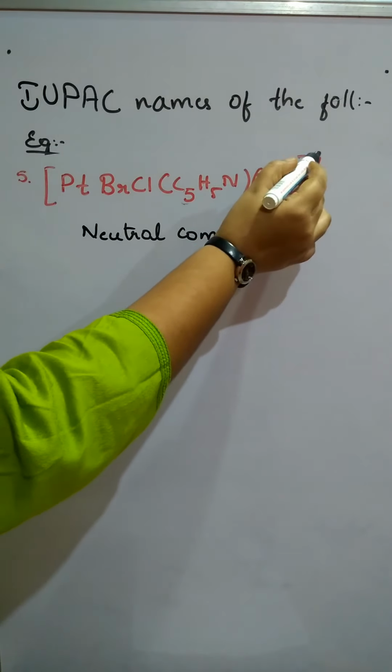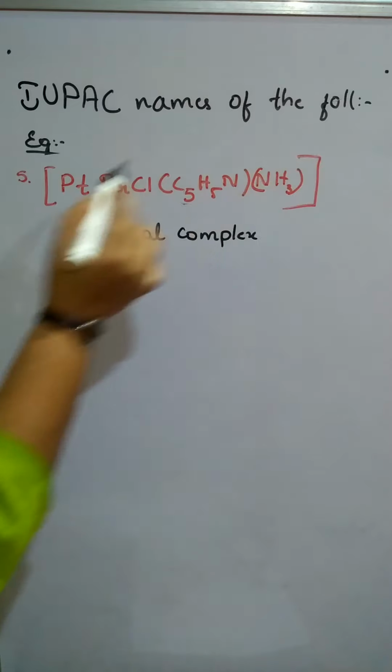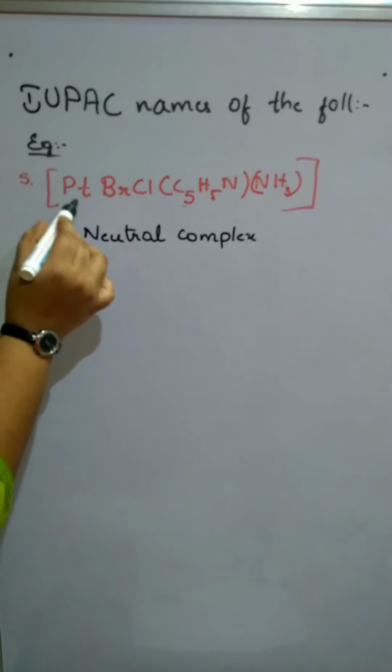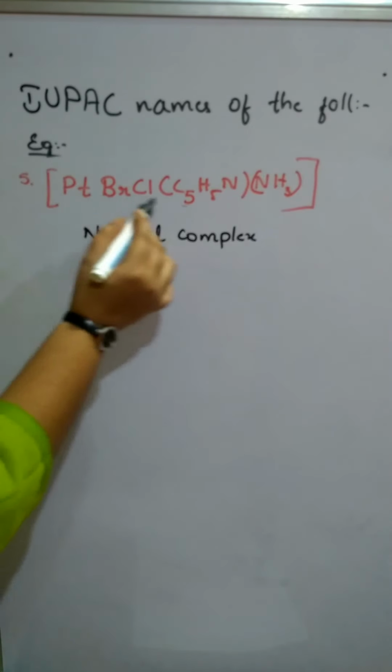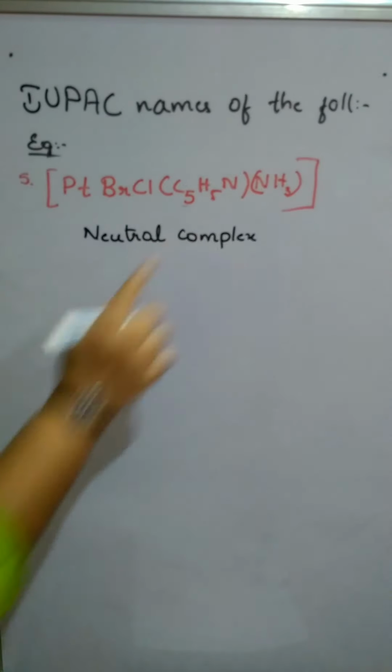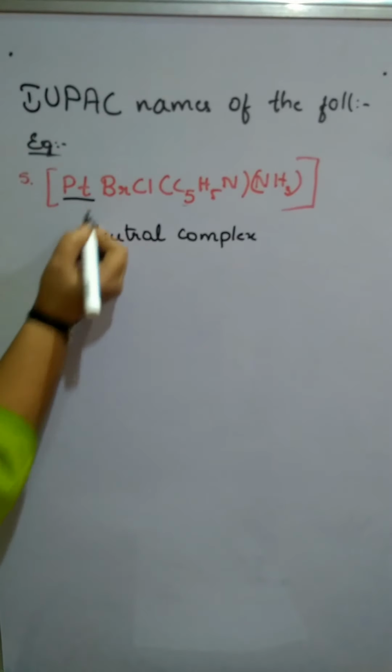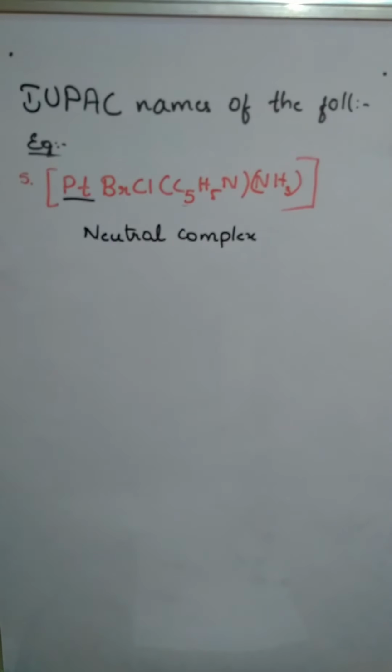So neutral complex or the charge on the complex 0 doesn't indicate the oxidation state of the metal. Oxidation state might be 0 or it might be some or the other value. So we shall calculate that one. So the oxidation state of platinum we shall calculate now.